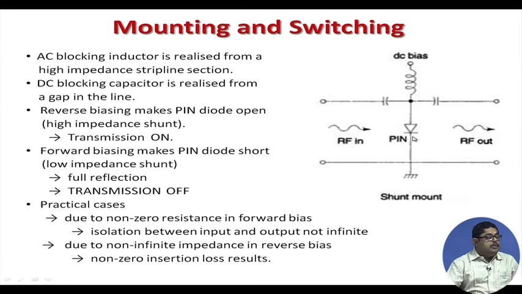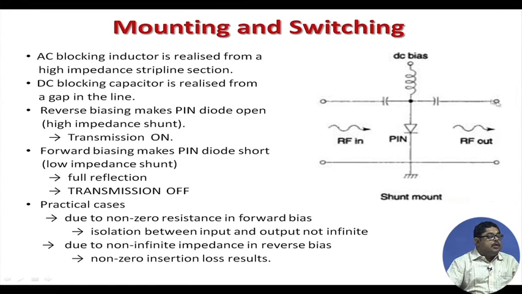Now, as I said, when I reverse bias, it is basically an open circuit, a high impedance across the shunt. If the RF signal sees an open circuit, then transmission goes on, because the signal sees a high impedance path, and the RF signal goes out just like with an open circuit.